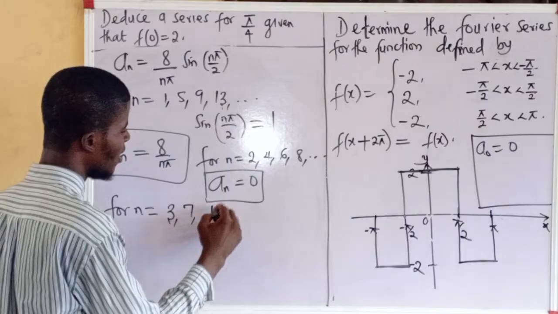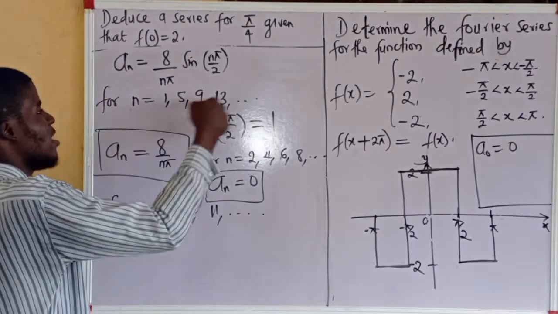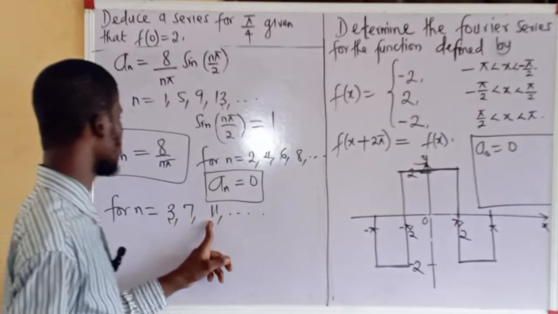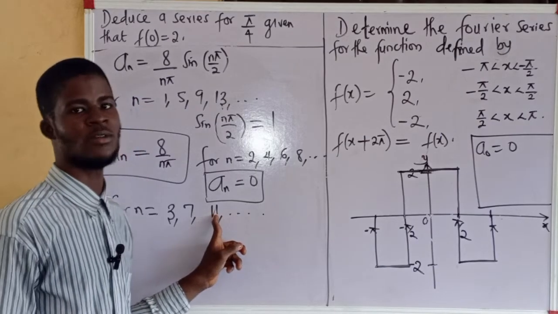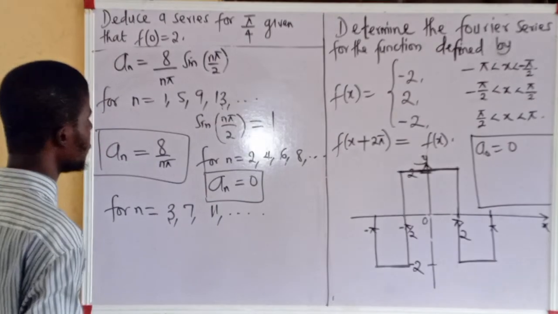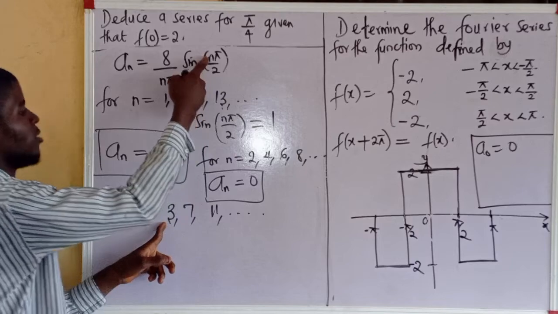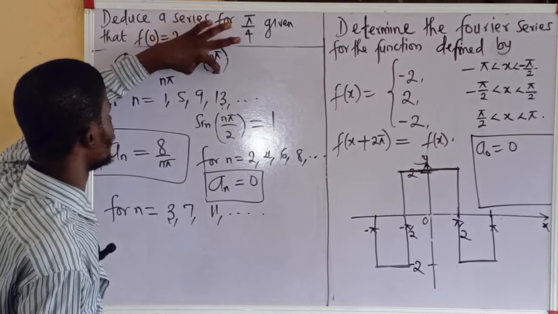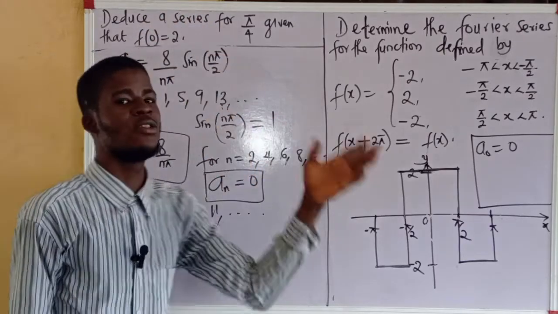What if for n equal to, we have 3, 7, 11, alright, and so on and so forth. Here we took 1, 5, 9, 13, 2, 4, 6, 8. So we are taking 3, 7, 11. The next one should be what? 11 plus 4, which is 15. You get it? So what will be a sub n? Check it out. Let's place 3 here. That's 3 times pi over 2. 3 times 180 degrees all over 2. 180 over 2 is 90.